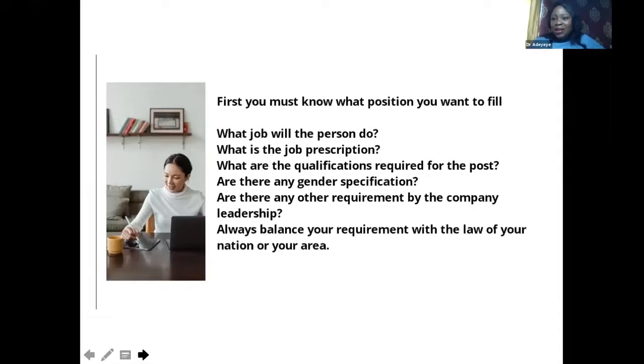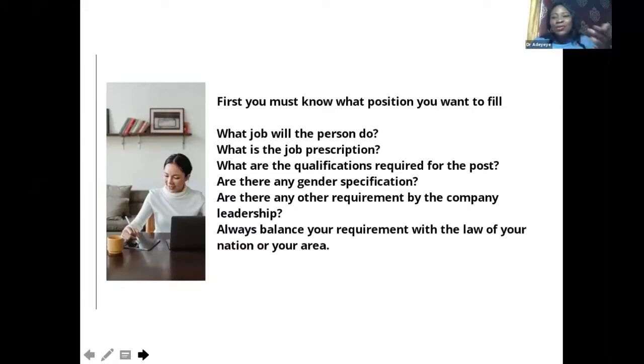No. If I need a medical doctor, the person must have the certificate to show that he or she is a medical doctor. If I need specialists in a particular discipline, in a particular aspect of surgery, I will put it out that way. So the person must have that certification.